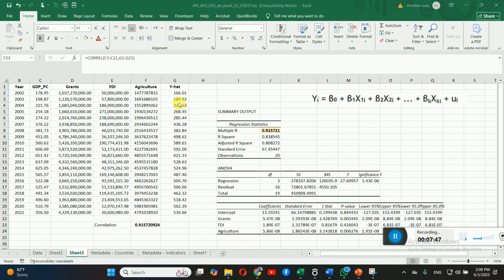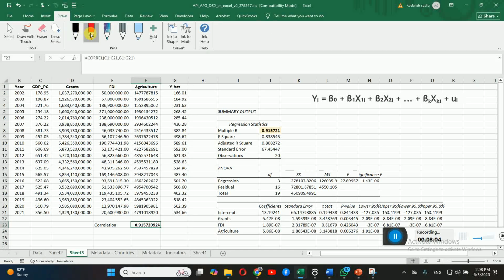Okay, the concept I have already given you students in the MLRM, if you remember. So if the predicted values and the actual values are correlated, this means that the model is a fitted model. Why? Because the line is around the actual values. I'm giving you the concept which I've already explained in the single linear regression model, but for the purpose of understanding, I'm repeating this once again.